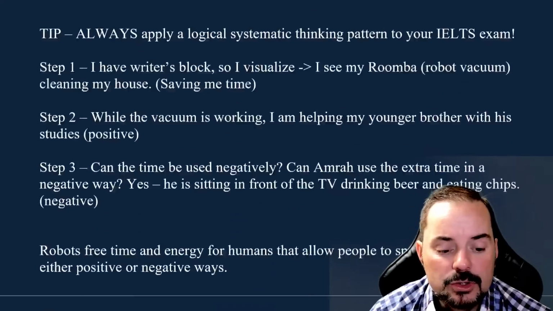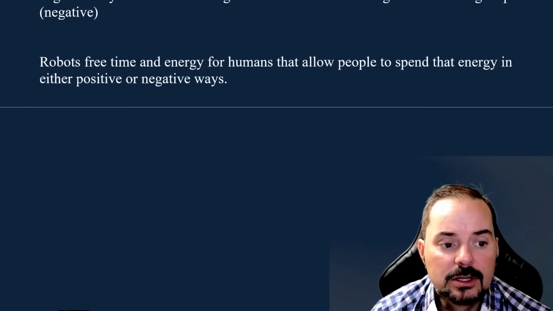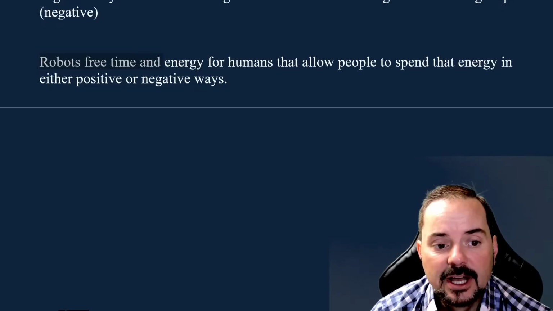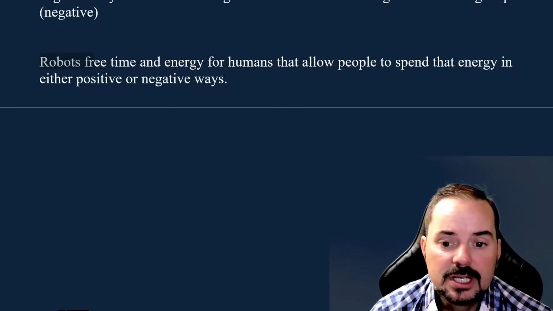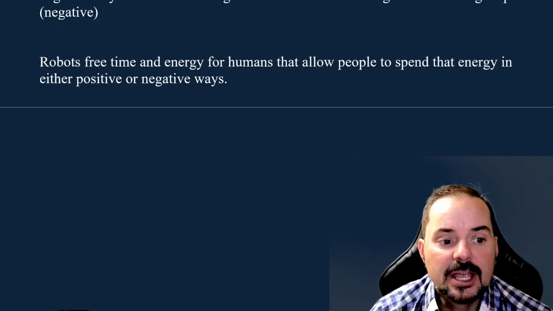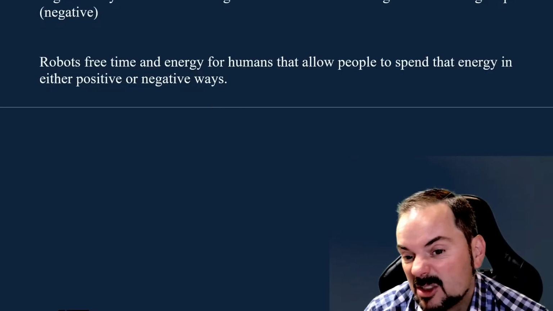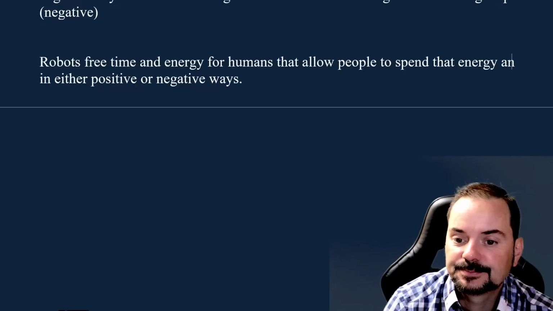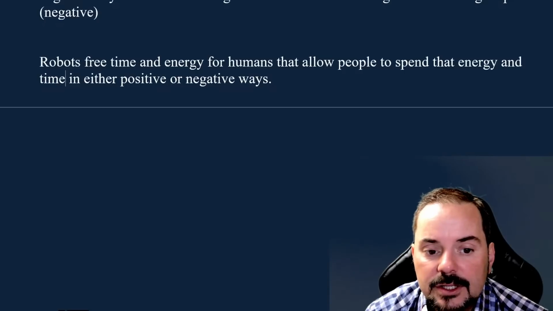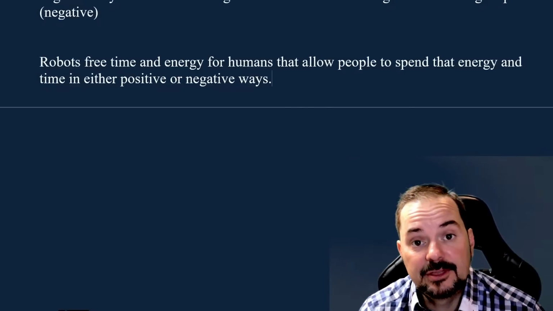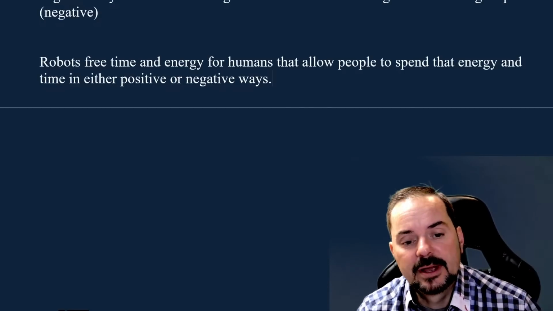Okay. So far, our answer includes robots free time and energy for humans that allow people to spend that energy and time in either positive or negative ways. So this is kind of part of my thesis now, right? So this is part of my argument.